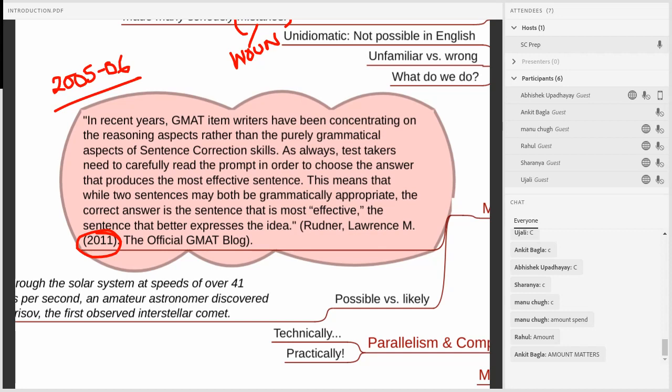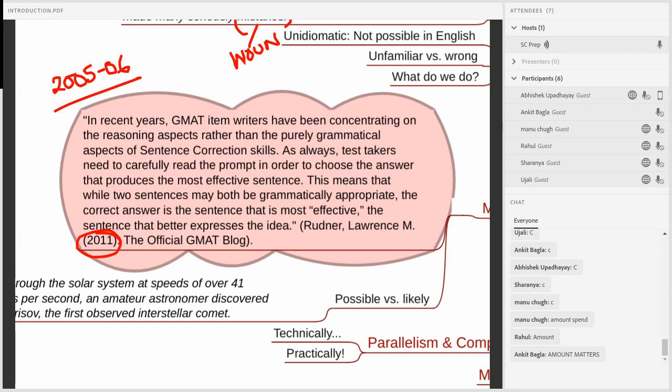Now, this quote has been misused and abused by test prep companies massively. So some companies said, oh, look, the GMAT is testing only meaning now, it's not testing idioms. Idioms were a separate part of this same post that he had written. That was wrong. Idioms were still very much a thing.